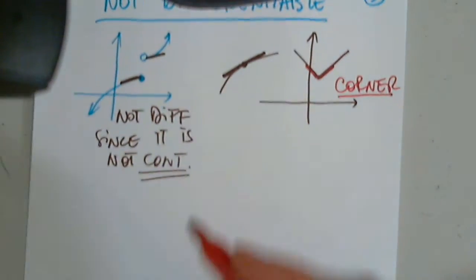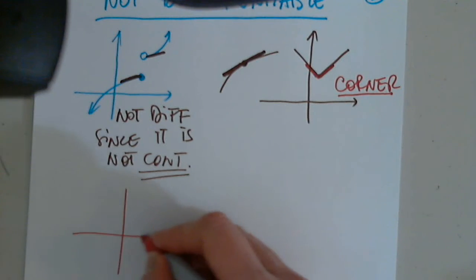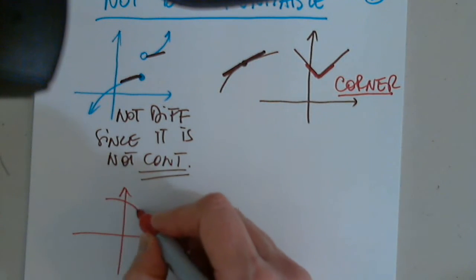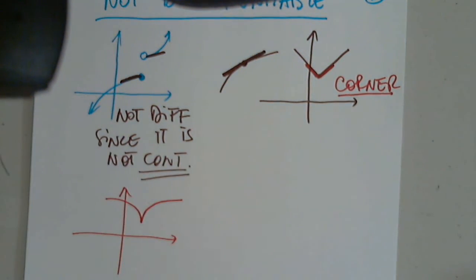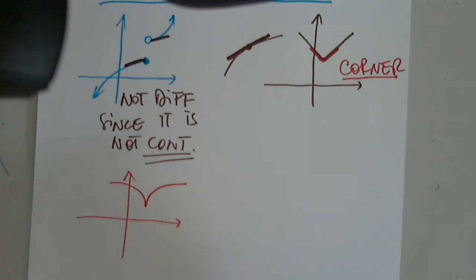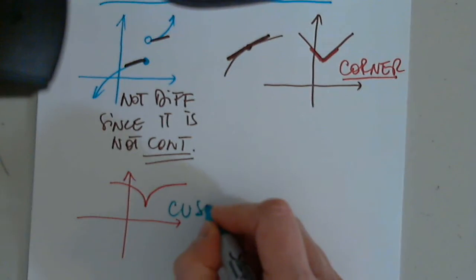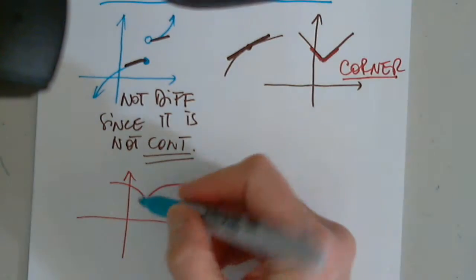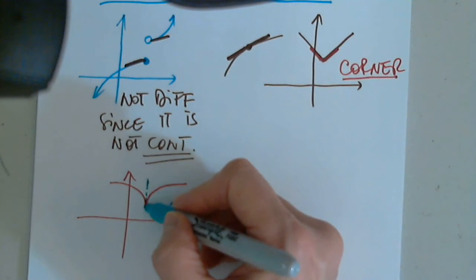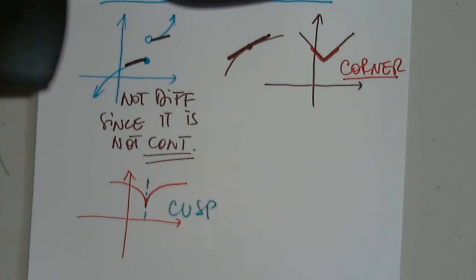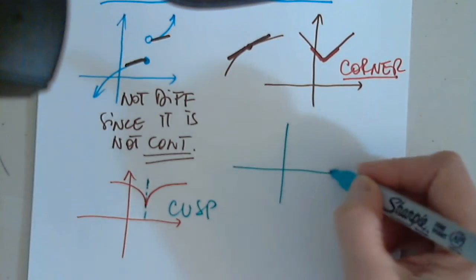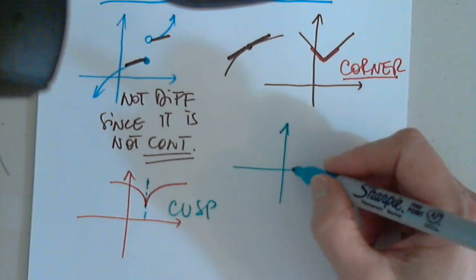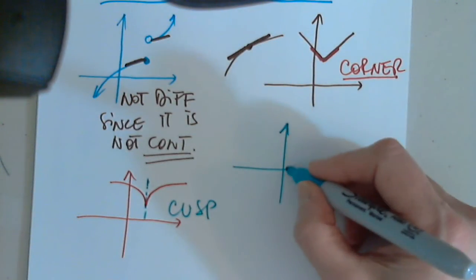Okay, at a corner. Another situation, what we like to call a cusp, like between two teeth. So, vertical tangent. Another one, exactly just that. So here it is, x cubed.